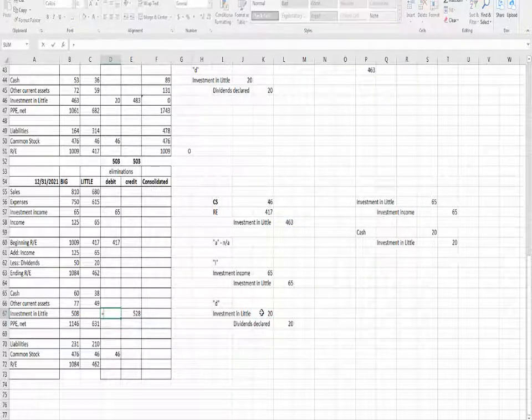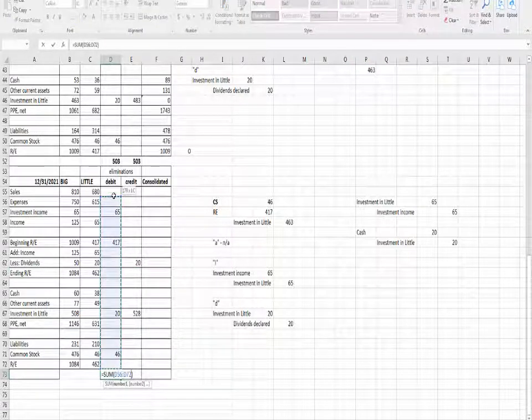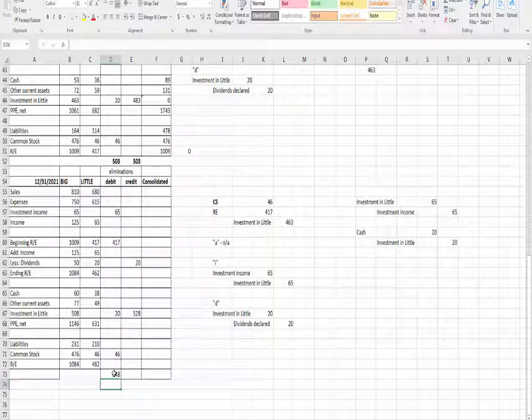A debit to the investment in Little, a credit to dividends declared. And again, just to double check, let's go ahead and sum up these debits and credits. Debits 548, credits 548. So again, not a guarantee I did it right, but at least I didn't do something silly like post a debit twice instead of a debit and credit or something to that effect.